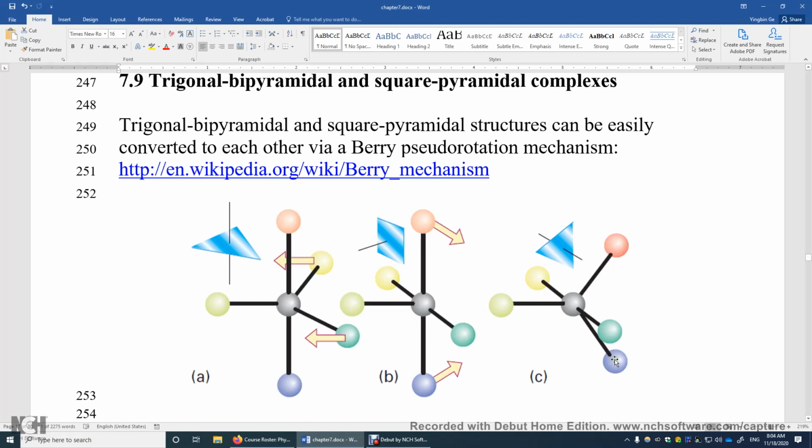So that means if you have a 5 coordinate transition metal complex, very often you'll see conversions between trigonal bipyramidal and square pyramidal structures. Also, that will result in different ligands occupying the axial positions and equatorial positions.